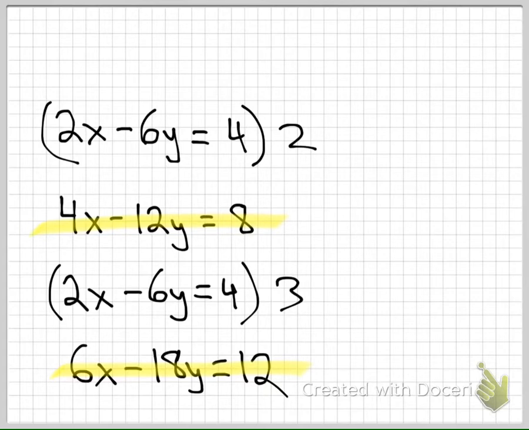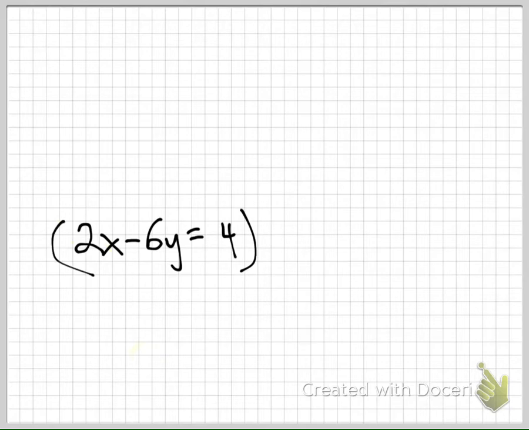If you wanted to, you can go ahead and divide. That's totally an option as well, and you're more than welcome to do that. So let's say we wanted to divide this. You had your original equation of 2x minus 6y is equal to 4.